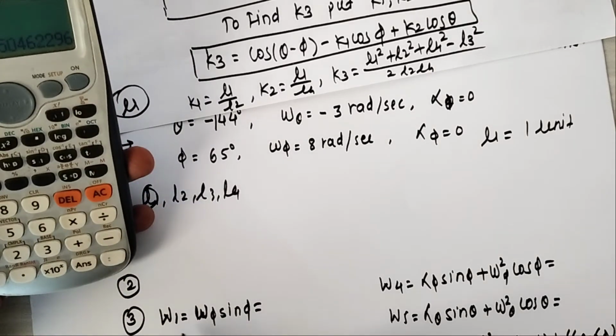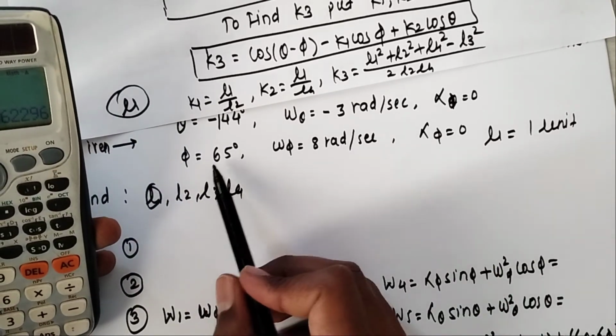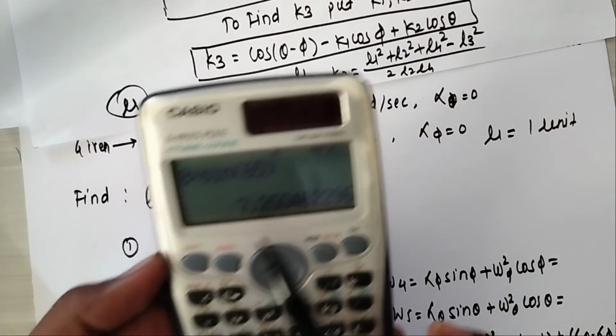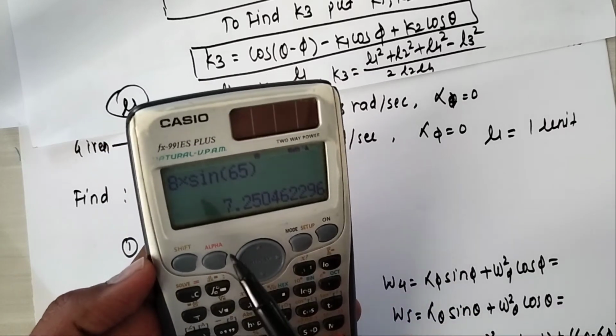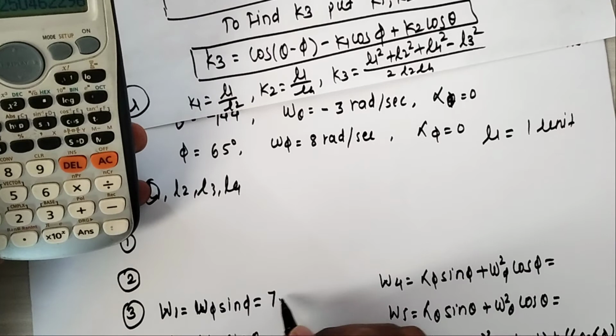So we need to find omega phi sin phi. Omega phi is actually 8 and sin phi is 65. So 8 into sin 65 is 7.25. So W1 is 7.25.